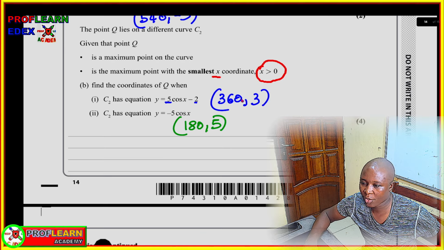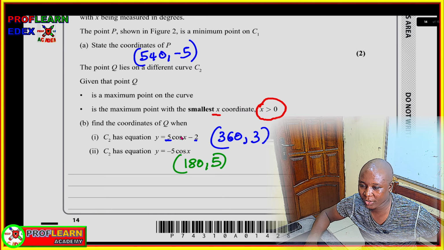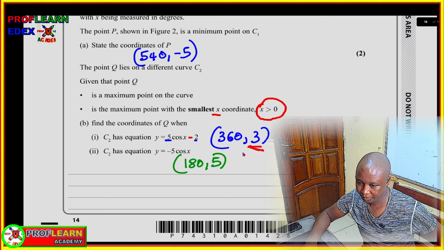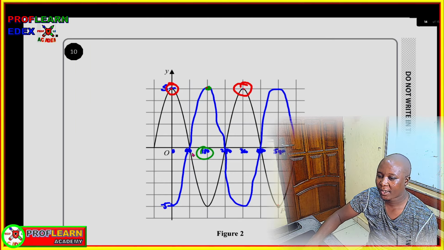The coordinate of Q will be 365. But now, since it's -2 here, we take the amplitude 5 minus 2, which we shall get as 3. C2 has the equation -5 cos x, which is a reflection of this graph that we have.